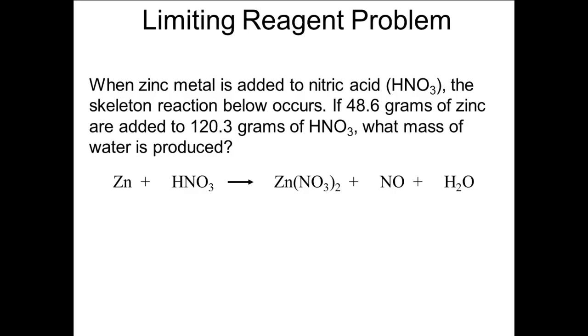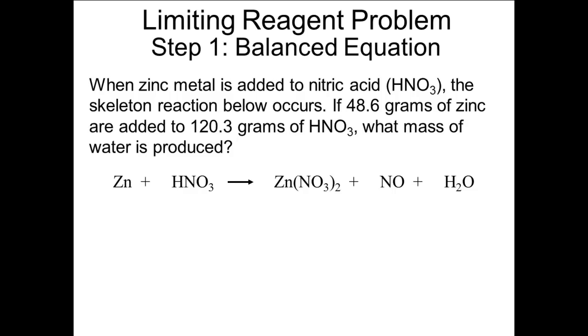How do we proceed? Since this is a 4-step problem, let's follow the steps for a 4-step problem. The first step is write and balance the equation for the reaction. The skeleton reaction is given, and since this is a difficult reaction to balance, I will also give you the coefficients.